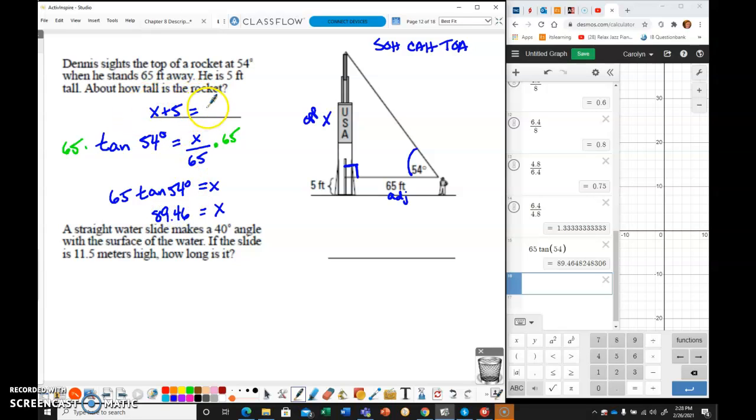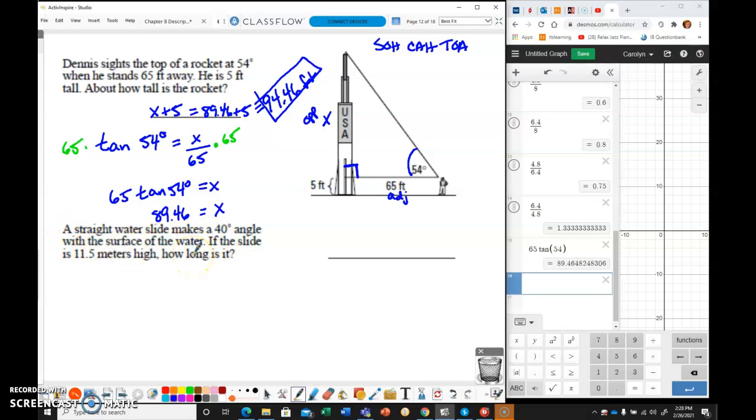So that's what I'm putting in here: 89.46 plus the 5 feet. So that will get me a total of 94.46 feet is the height of the rocket.